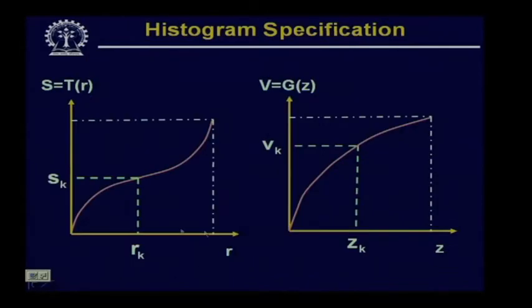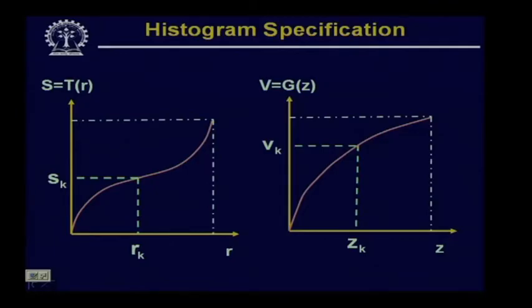So, here we have shown the same formulations graphically. On the left hand side, we have the transformation function s = T(r), and this transformation function is obtained from the histogram of the given image. And on the right hand side, we have the transformation function v = G(z), and this transformation function has to be obtained from the target histogram that is specified.